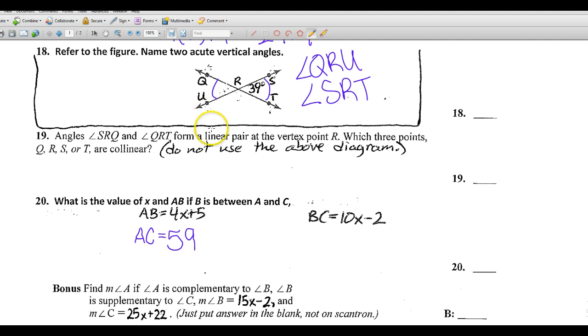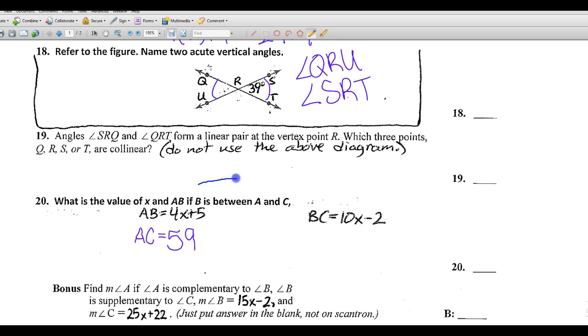Number 19, angles SRQ and QRT form a linear pair at vertex point R. Which 3 points, Q, R, S, or T, are collinear, are on the same line? So you have to make a diagram here fitting this information.